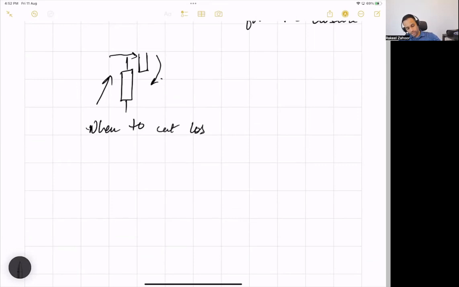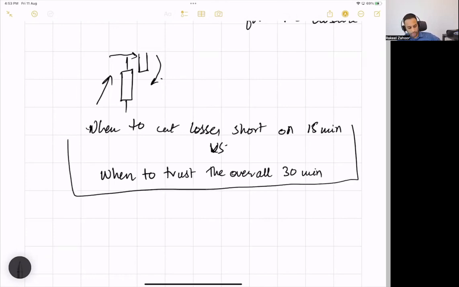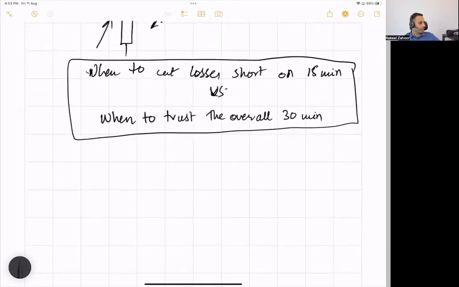When to cut losses short on the 15-minute versus when to trust the overall 30-minute. That's the question. And I'm going to give you a very simple answer to this. I had the same question, but couldn't figure out how to word it. So I'm going to give a very simple explanation.